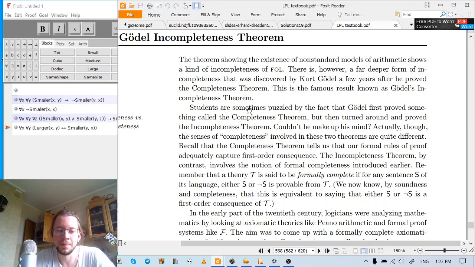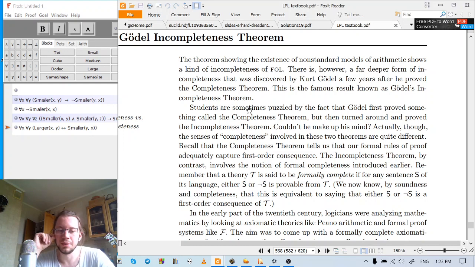Recall that the completeness theorem tells us that our formal rules of proof adequately capture first-order consequence. The incompleteness theorem, by contrast, involves a notion of formal completeness, introduced earlier.